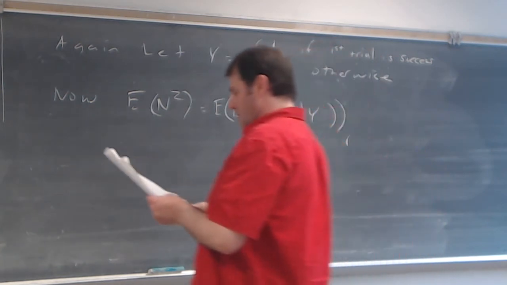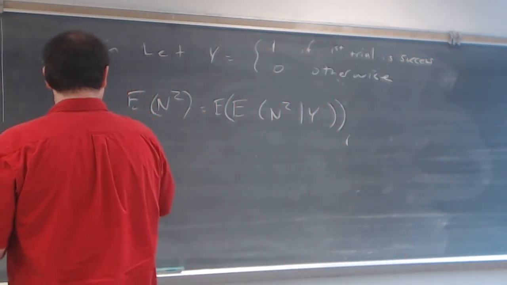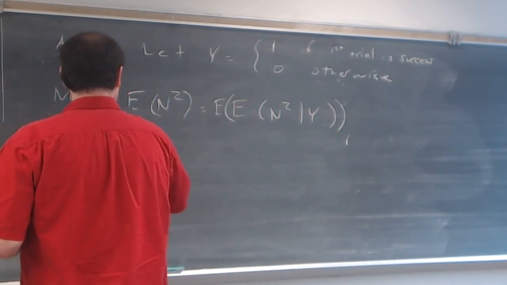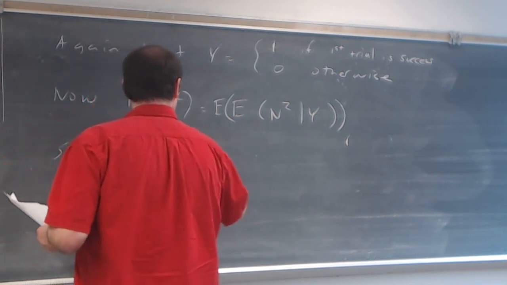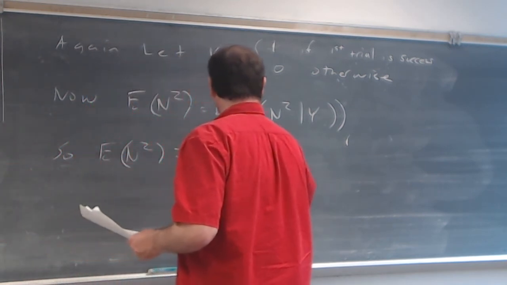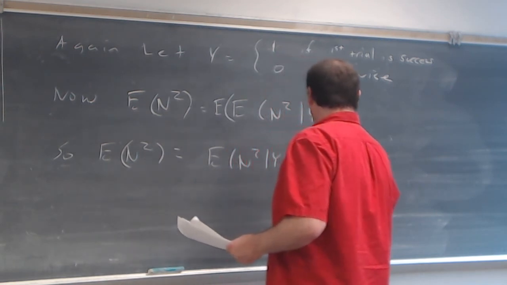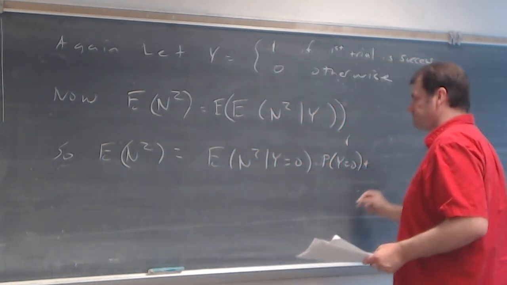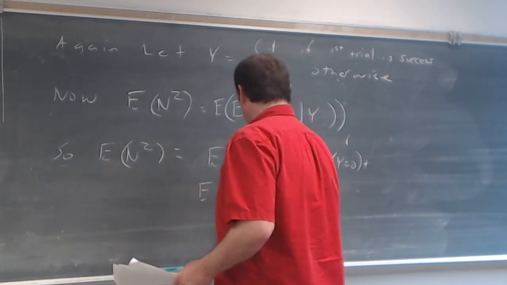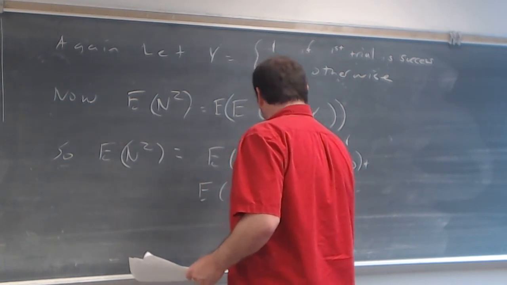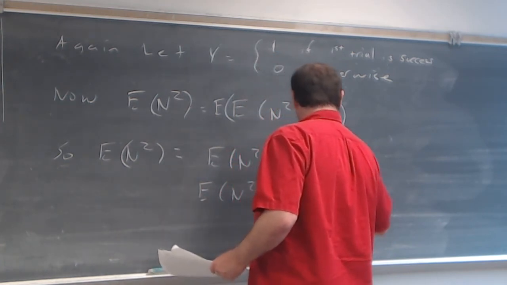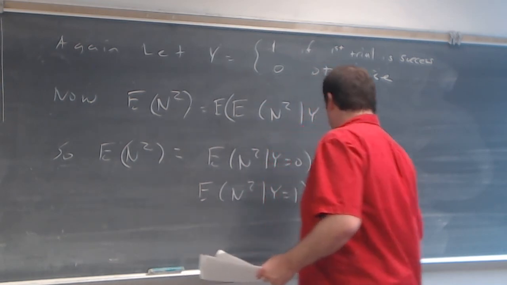Okay, so the expected value of n squared is equal to the expected value of n squared given y equal to 0 times the probability y equals 0, plus, right down here, the expected value of n squared given y equal to 1 times the probability that y equals 1.